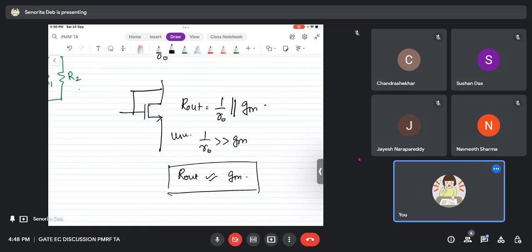R naught is always in the order of some kilo ohms. So that's how it turns out to be. Normally this is what you should consider, the first one. Okay, after approximation the last one comes. R out is 1 by GM.